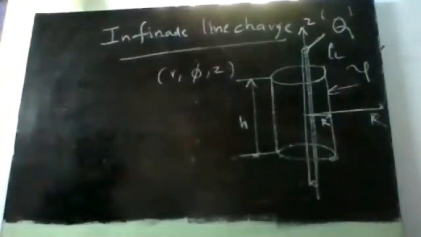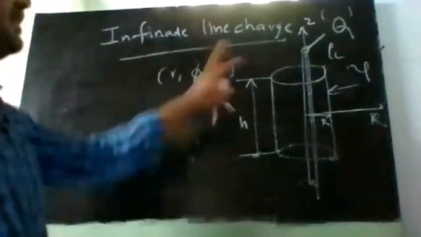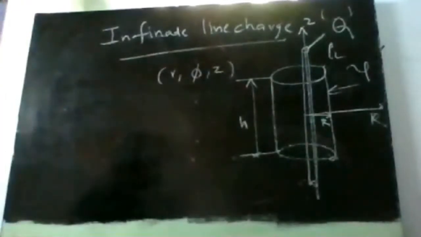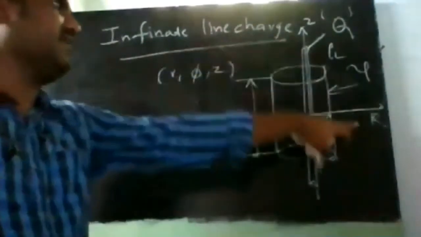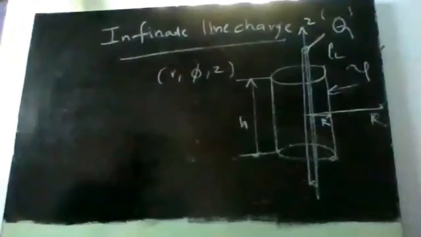So the second step is I'm choosing the coordinate system, the cylindrical coordinate system. In cylindrical coordinate system, we have the three axes as z axis, r axis, and phi axis. Okay. So second step is also done, right?